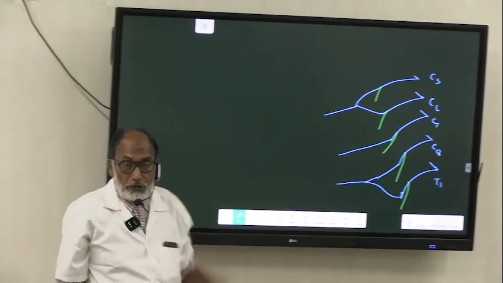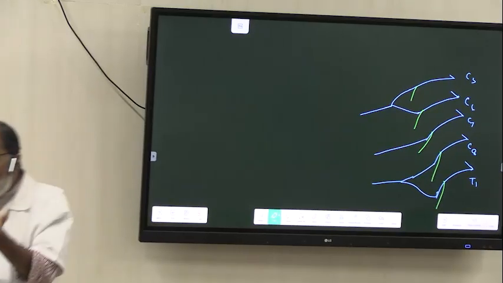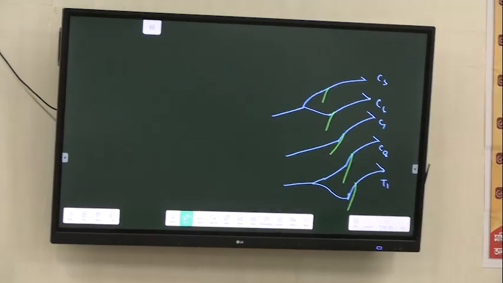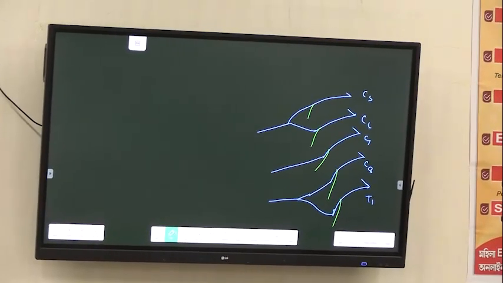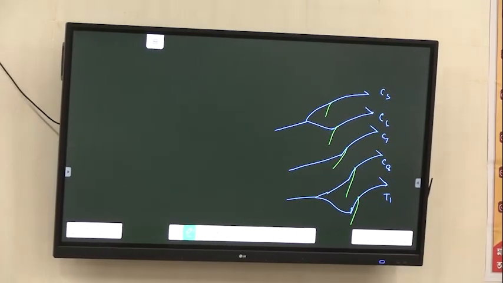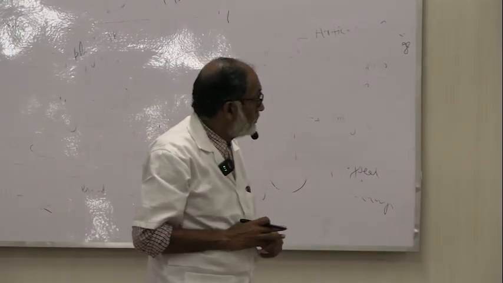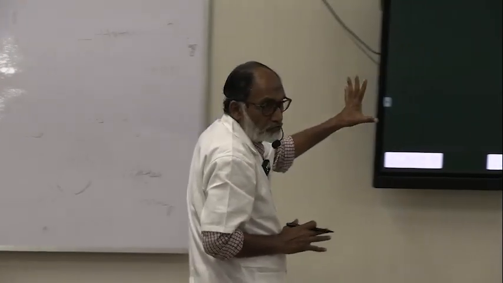Now after joining, the root will form what? Trunk. So there are 3 trunks.